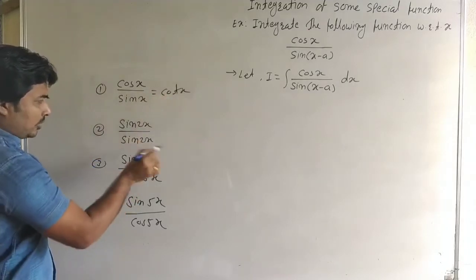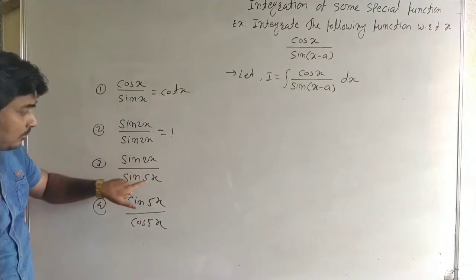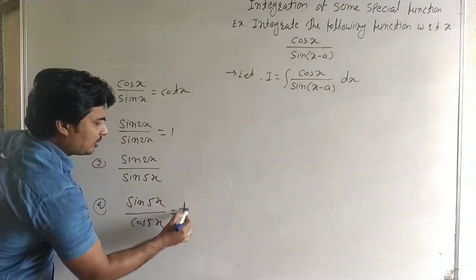Sin 2x upon sin 2x, both cancel, it is 1. Sin 2x upon sin 5x. And sin 5x upon cos 5x, it is tan 5x.